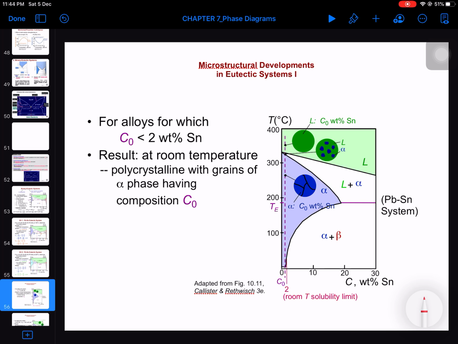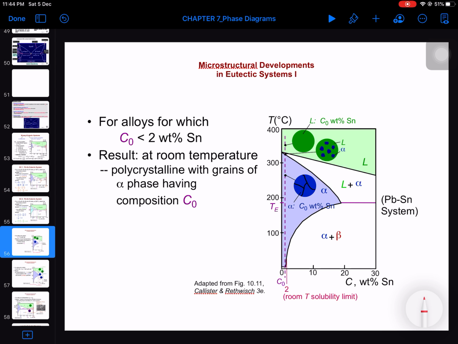And this is an example of the microstructural developments for different sets of alloy composition. For alloys of which C0 is less than 2 weight percent of stannum, for the plumbum and stannum phase diagram, this particular combination of alloys will go through a few phases from the melting point.